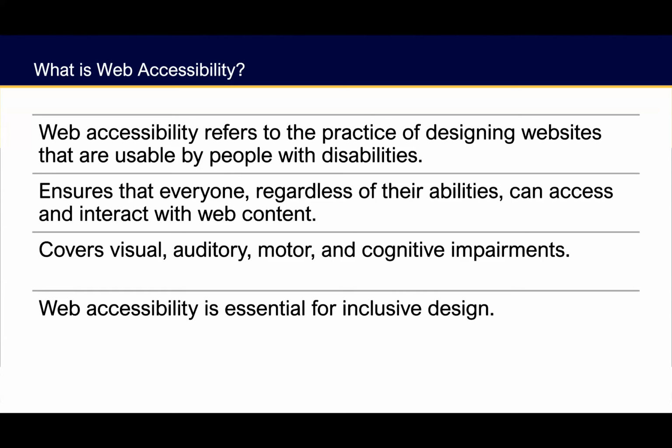And this idea of accessibility is critical regardless. It's essential. The slide says it's essential for inclusive design. What that means is inclusive design is creating things with all different ability levels in mind.